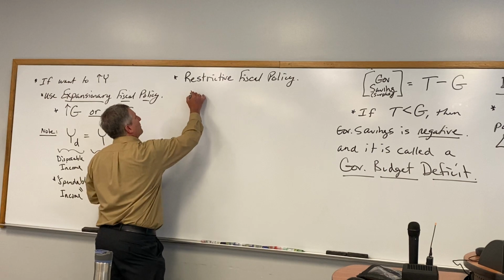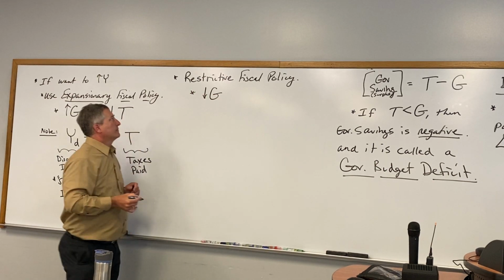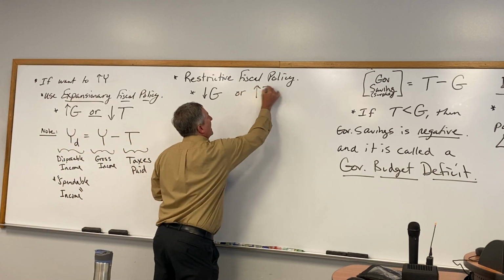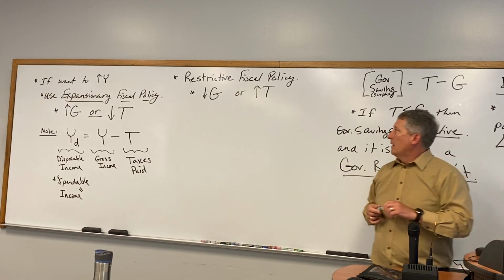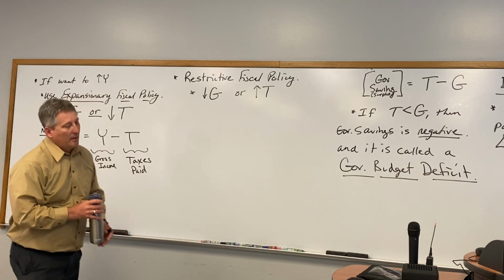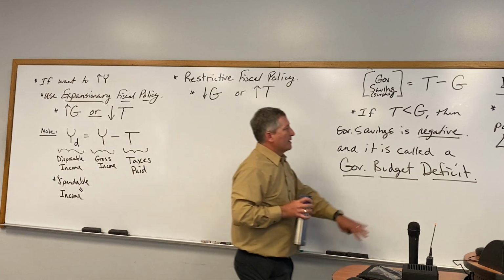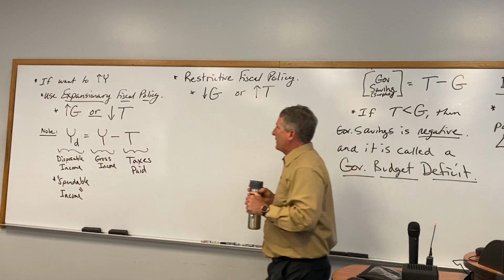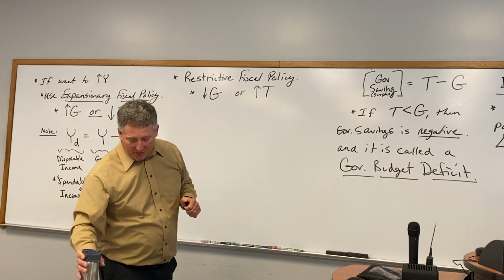And so restrictive policy would be to decrease government spending or increase taxes. So these are the tools that are in the government's hands, government being Congress and President. We're going to set aside the money supply, monetary policy, for later, to try to steer the economy.